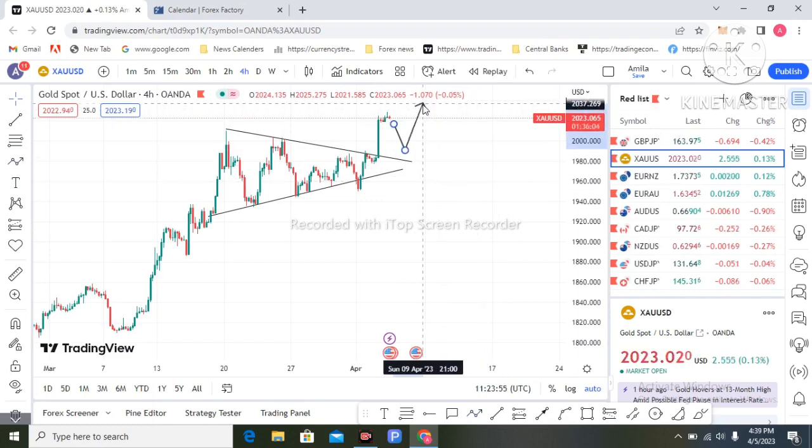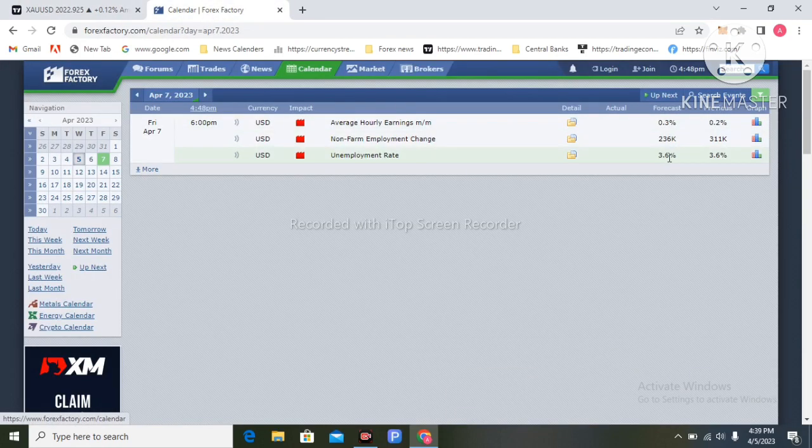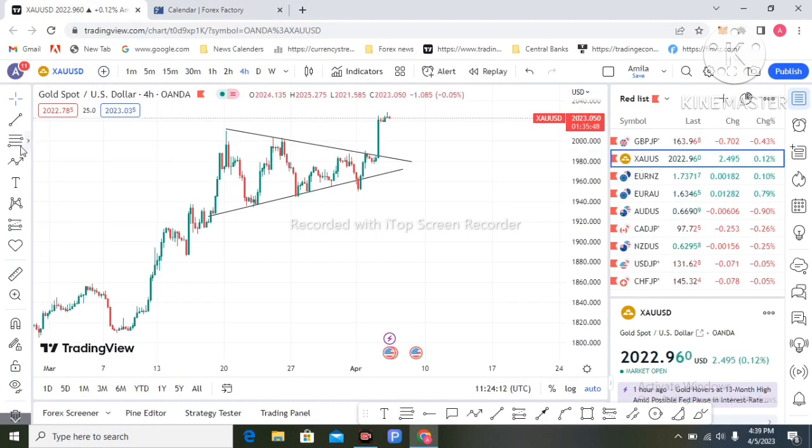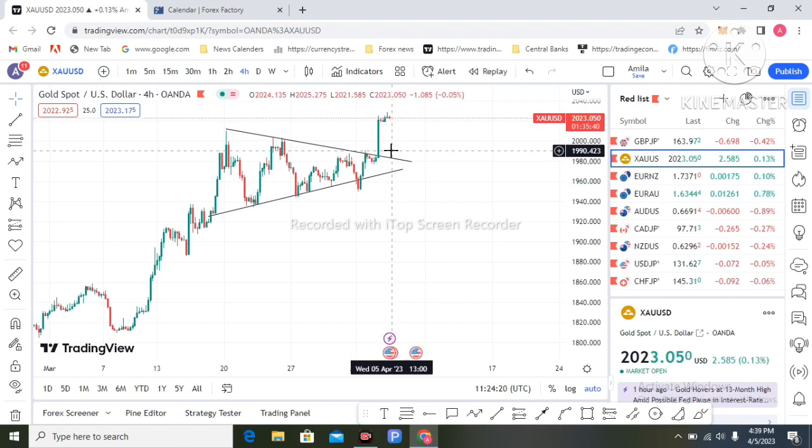So my target is 2070. If it's a positive figure for non-farm payroll, about 300k, like the figure was about 311k, or an even more positive figure like 400k, gold will drop to the below like this. So that's your gold trade with the non-farm payroll employment change.